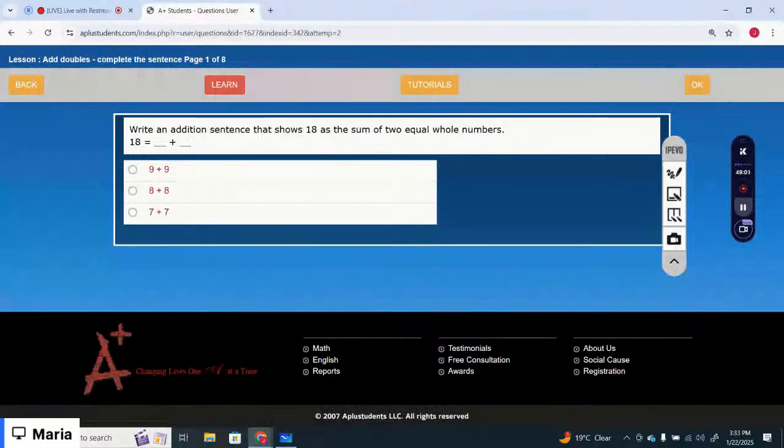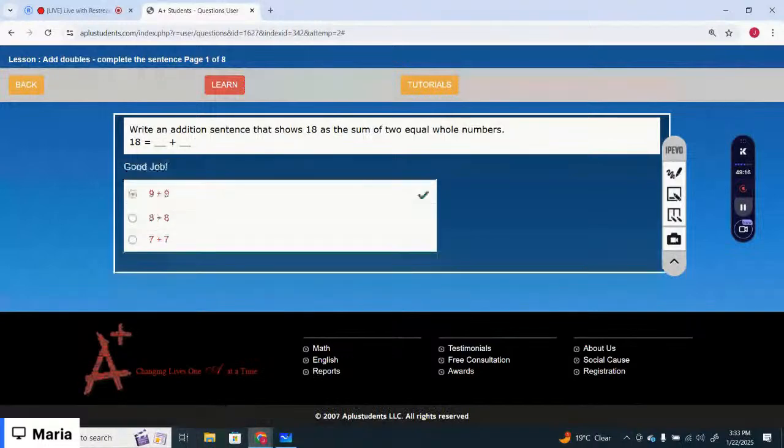So 18 is an even number, right? Even numbers are the ones that can be evenly divided. When you count a table of 2, you have 18 there. So 9 plus 9 makes 18. You can add the given options and see which is the correct one.